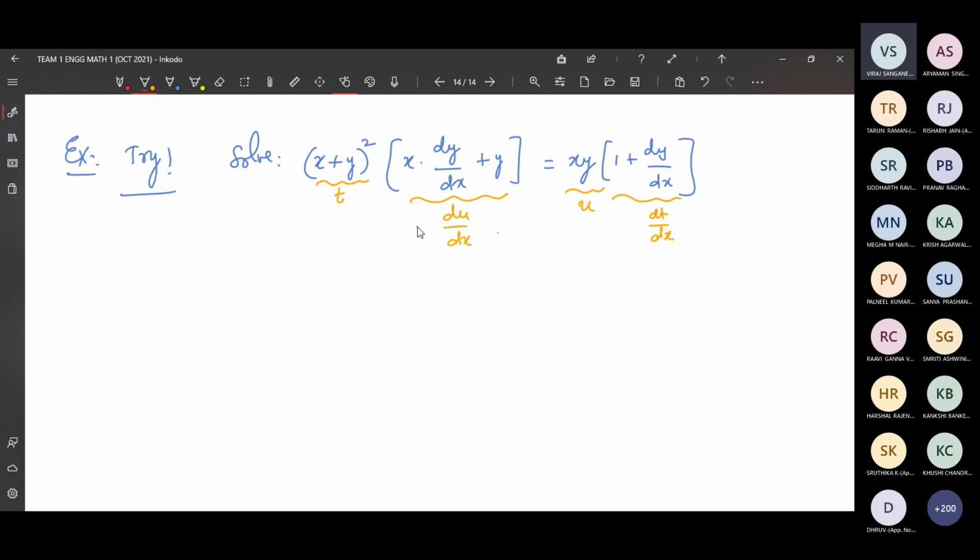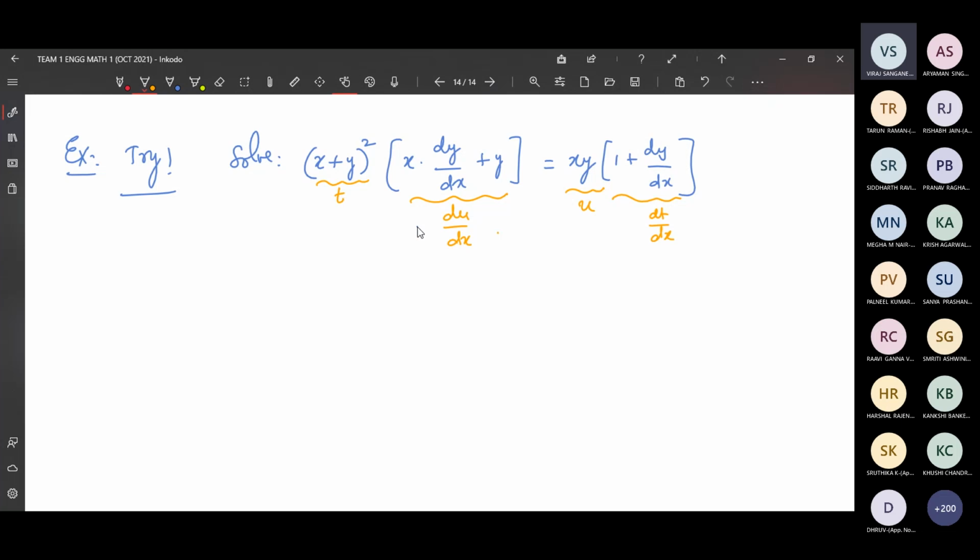That way your entire expression is converted in terms of t, u and x. Using the chain rule again, du by dx divided by dt by dx is nothing but du by dt.